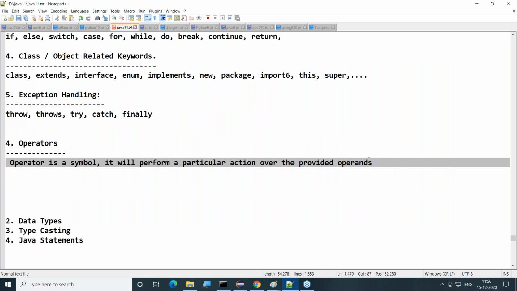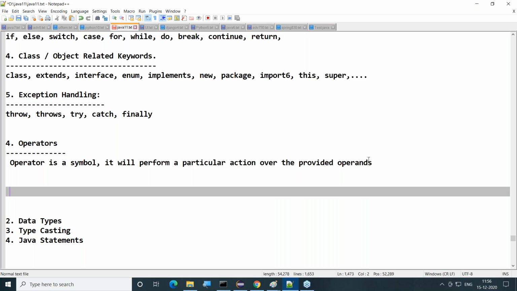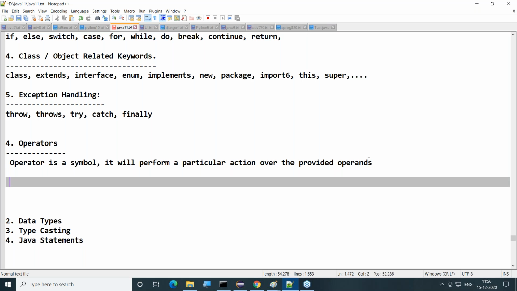Operands, in the sense, maybe variables or any other. That's it. It performs a particular operation over the provided operands. This is the meaning of operator.